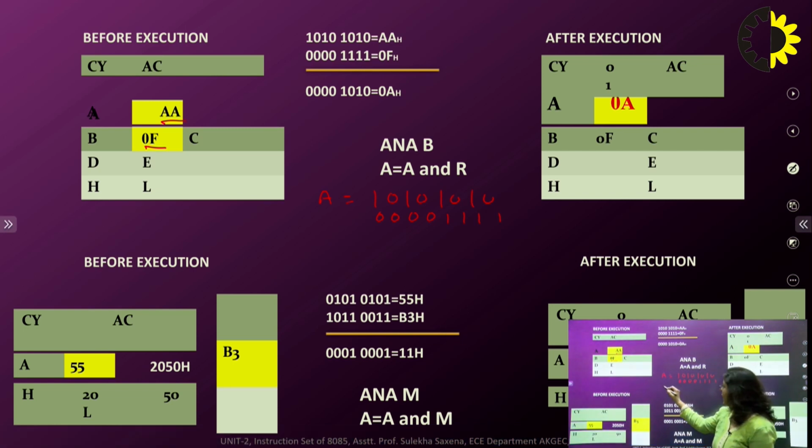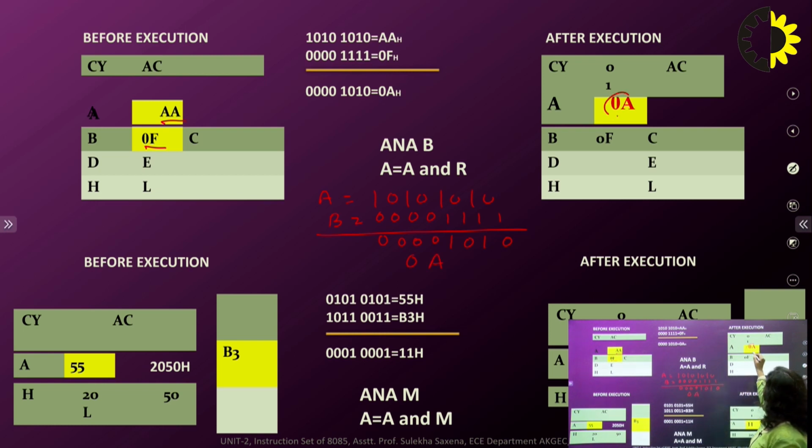So after ANDing the accumulator and the B register, it becomes 0000 1010, that is 8 plus 2, which is 10, equal to A. So after the AND operation, the result in the accumulator will be 0A.